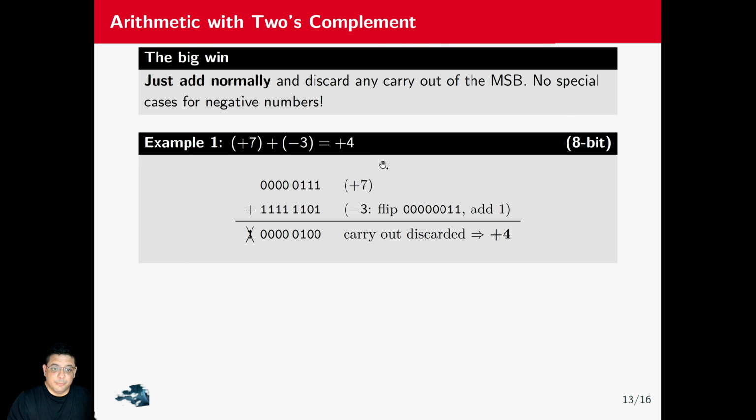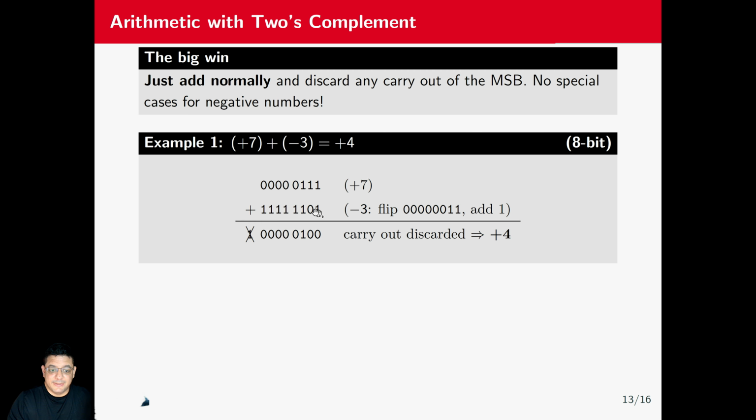So for example, if we're going to add plus 7 plus minus 3, which will give me plus 4 in 8 bits, then that will be the representation of 7, which is 0, 0, 0, 0, 0, 1, 1, 1. And then we're going to add the representation of minus 3, which once again starts as 0, 0, 0, 0, 0, 0, 1, 1.